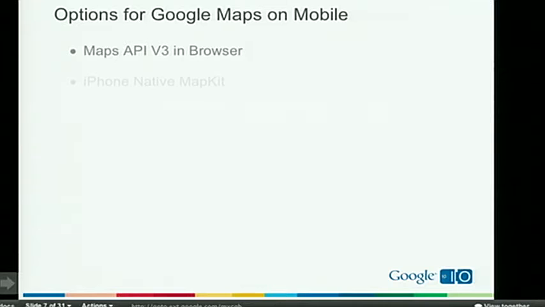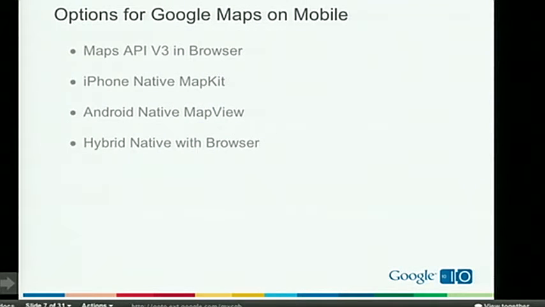So we support using the Maps API directly in a browser-based application, having people navigate directly to a particular page. We recognize that's not the only option out there, and that there might be other considerations, and I'll talk about some of the other reasons for using other things. There's also the iPhone native API: within the iPhone SDK, there's MapKit. There's the Android native map view and related APIs.